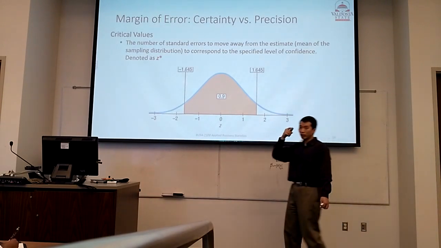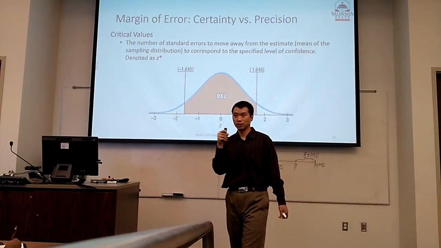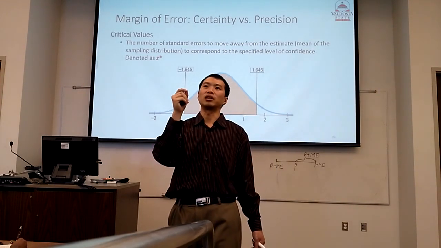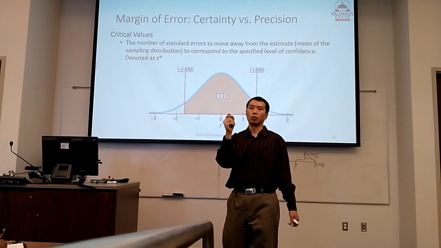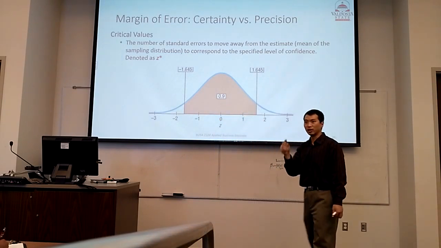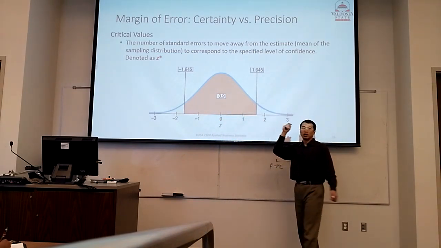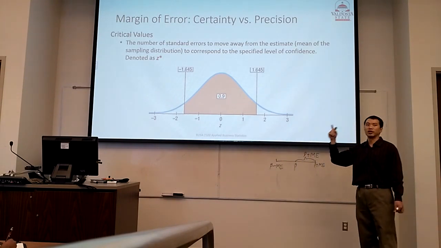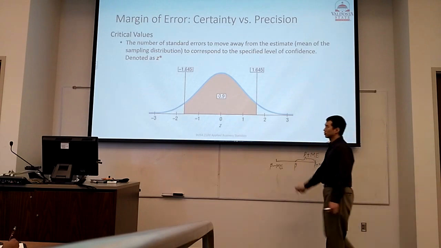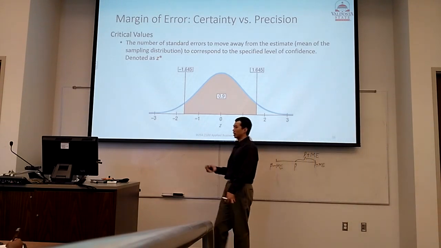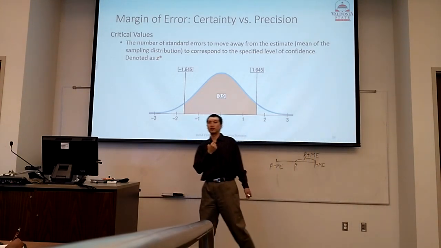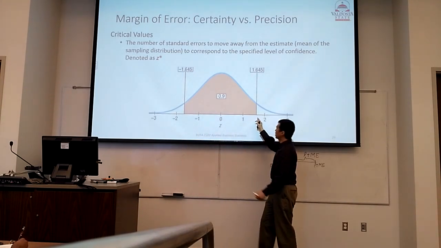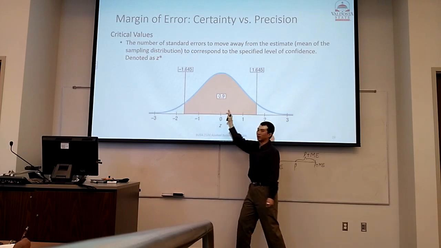When we talk about the normal distribution, we know Z is a standard normal random variable. So Z follows a standard normal distribution with a mean of 0 and standard deviation of 1. If we want to construct a 90% confidence interval, we have to find the Z value that defines this region.